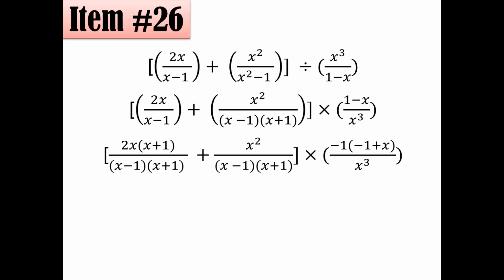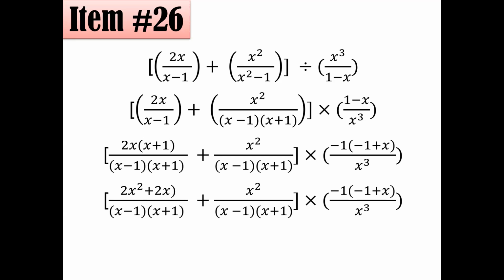Okay? So from here, what I did next also is, dito, sa 1 minus x, I factored out negative 1. And 1 divided by negative 1 is negative 1. Negative x divided by negative 1 is x. And I just copied the rest.